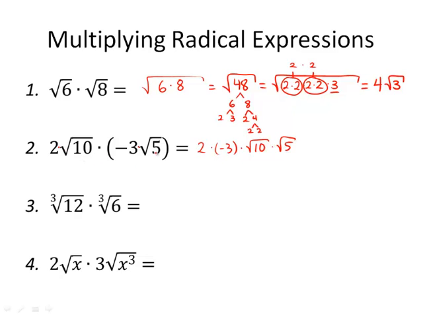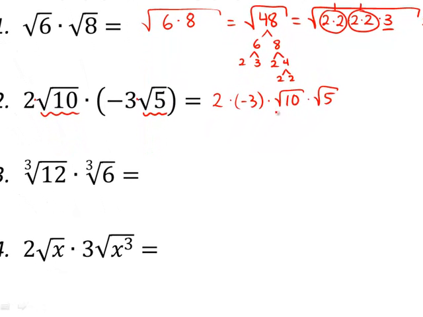You can rearrange them in any order. So, in this case, we're seeing that the roots are multiplying and the numbers are multiplying. This is all multiplication. This bracket doesn't really need to be there except for keeping the negative in.